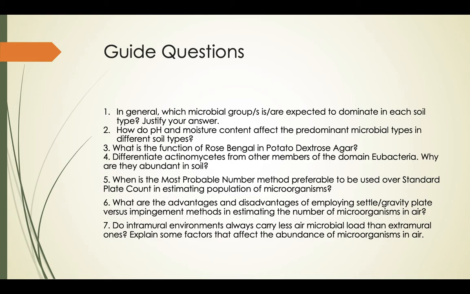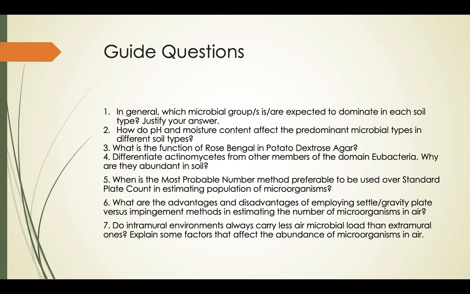Third question, what's the function of rose bengal in potato dextrose agar? So by now, you know that PDA, potato dextrose agar, is intended for fungal isolation. Now, rose bengal is actually a dye, and we use it to inhibit the growth of bacteria. So if you just want to grow or isolate fungi from your soil samples, you have to use rose bengal to inhibit the growth of bacteria.